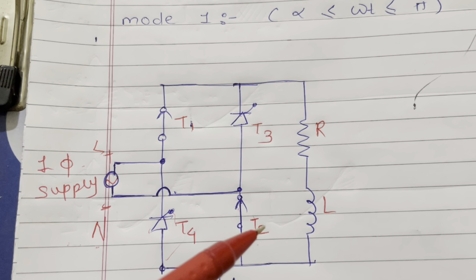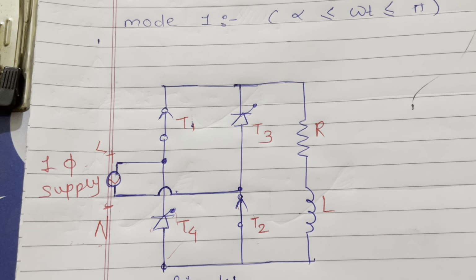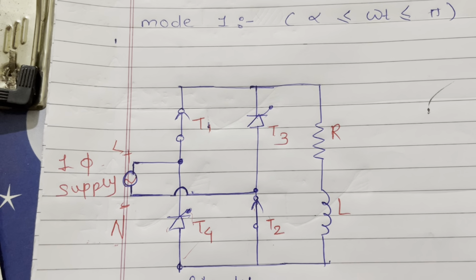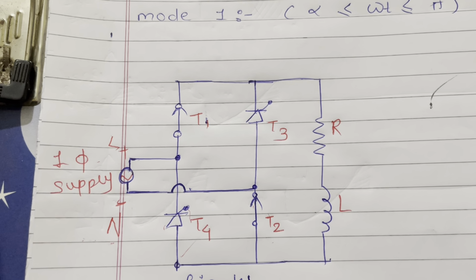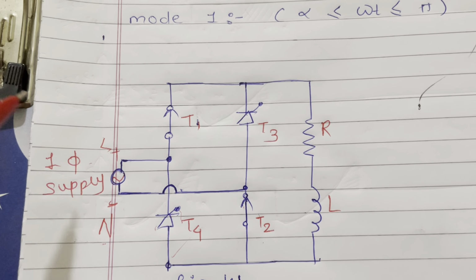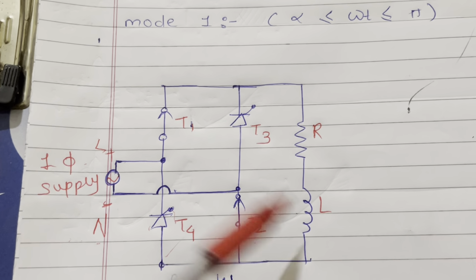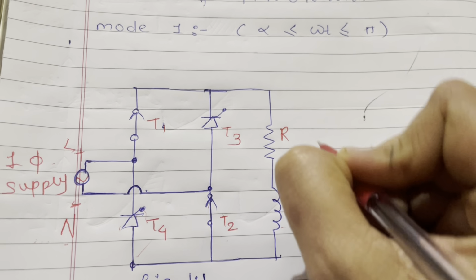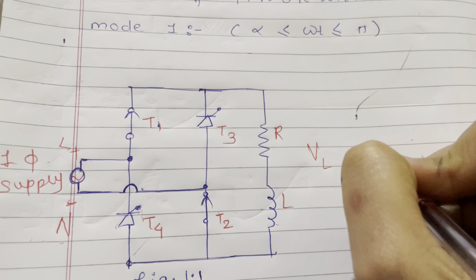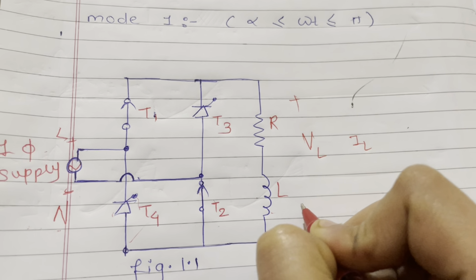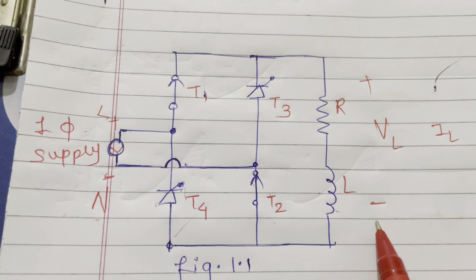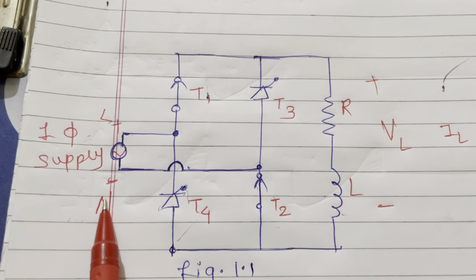The load voltage is positive, equal to the instantaneous supply voltage, and the load current is positive, constant and ripple free, equal to I0. So the polarity of the load voltage and load current is positive: VL and IL are positive at the line terminal and negative at the neutral terminal.